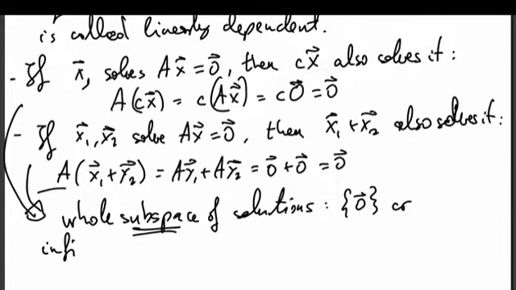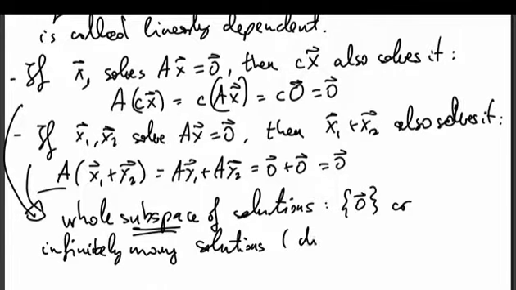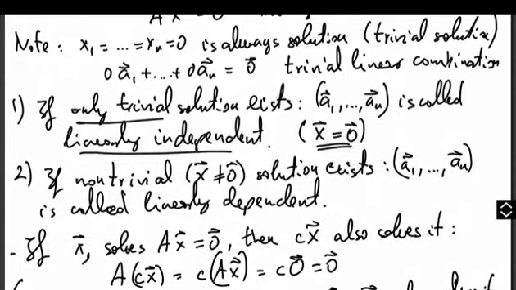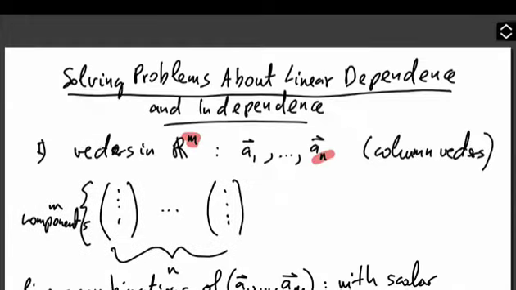That might mean either the 0 vector alone, which is just one vector, or infinitely many solutions. So then the dimension of the subspace could be 1, 2, and so on. And then the maximum dimension is, of course, the whole space. The whole space was Rm.